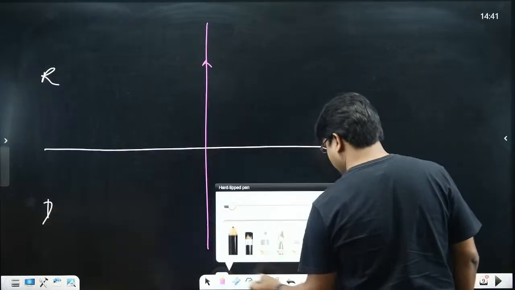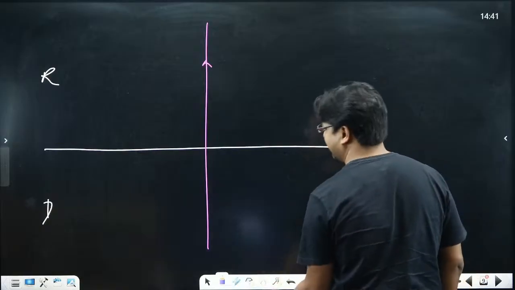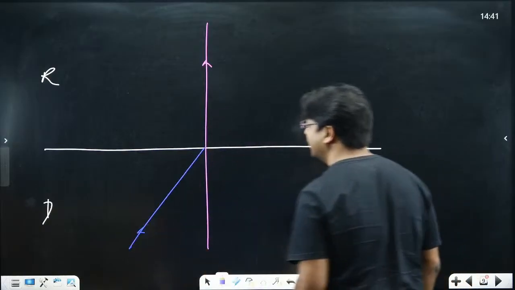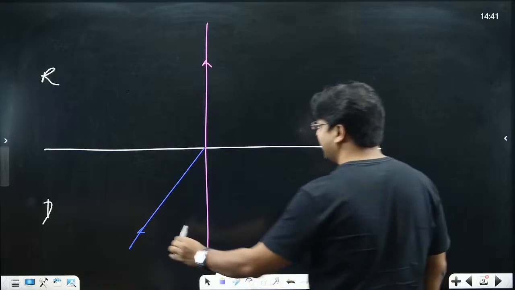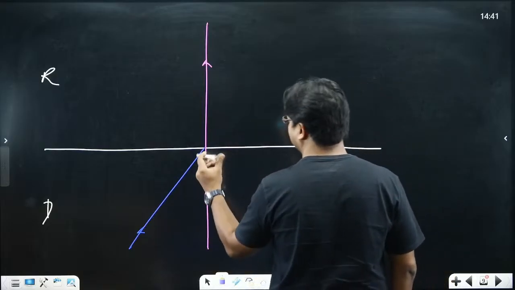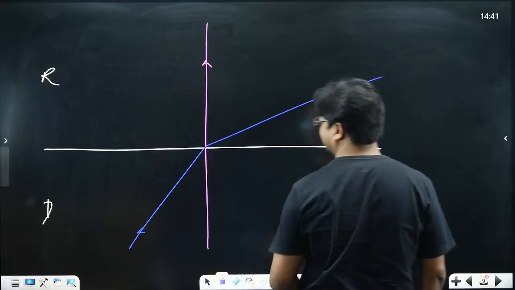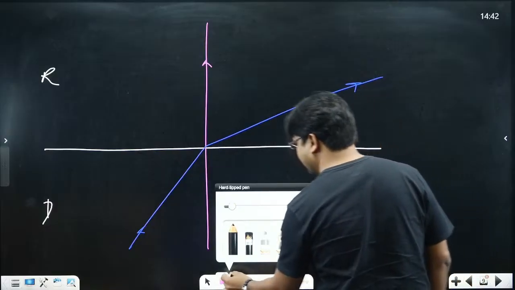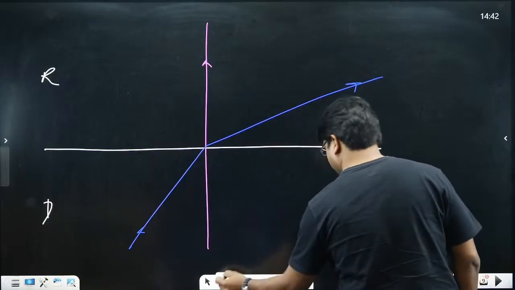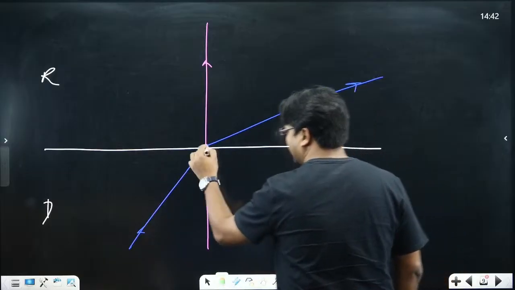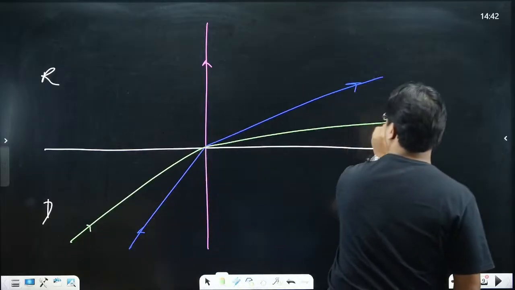Suppose you increase the angle of incidence by some amount. Now you will witness that the ray will not go straight, it will bend away from the normal. So maybe it will bend like this. You increase the angle further, and you will find it going like this.